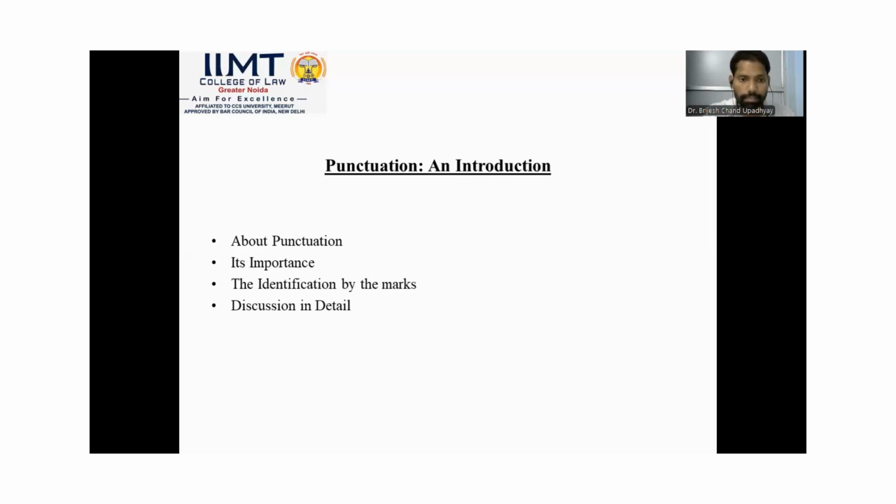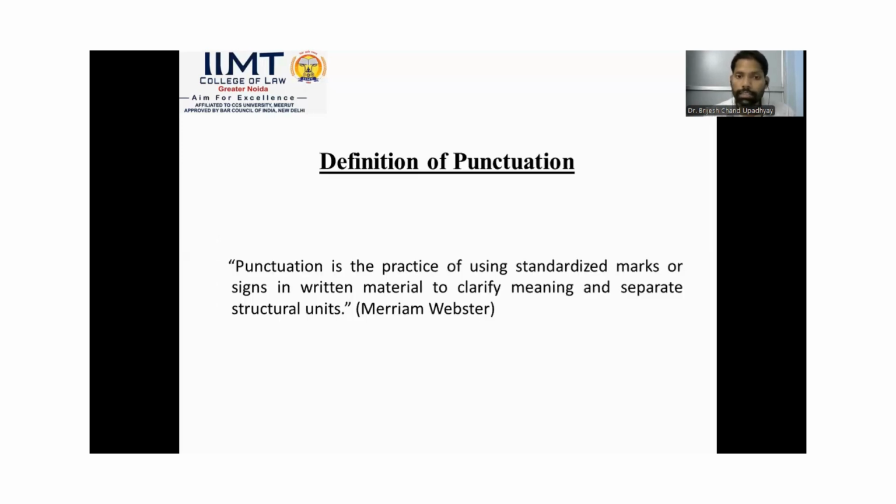So let's discuss. This is a definition given by the Webster Collegiate Dictionary. If you check it there, it is defined using the words symbols or marks for punctuation.